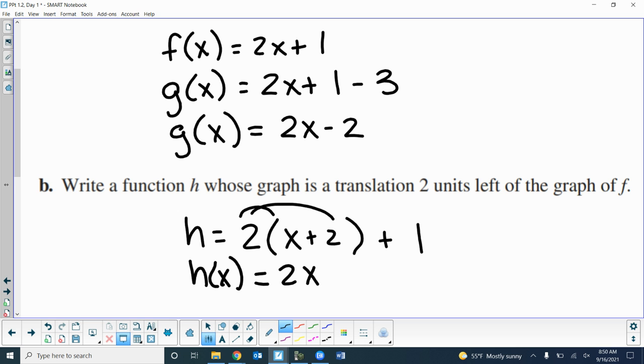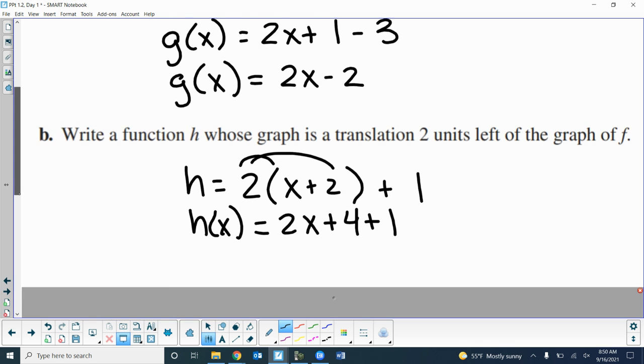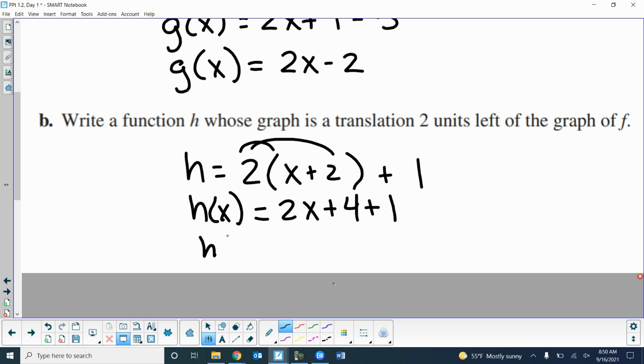So 2x plus 4 plus 1, which gives us h of x equals 2x plus 5. Okay? Questions? All right. Those are pretty easy, aren't they?